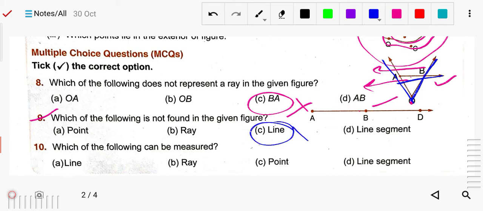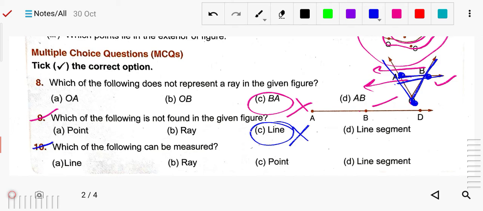No, line is not there. Then line segment is there. Check that, yes, line segment is possible, because A to O, here to here, this is a line segment, A to B. Line segment is possible, but line is not there, because a line increases on both sides. There is no line.